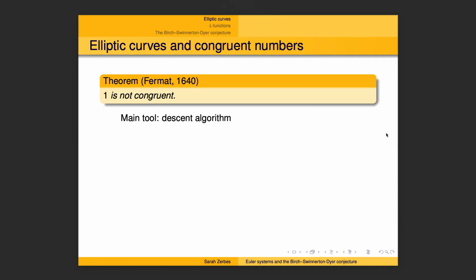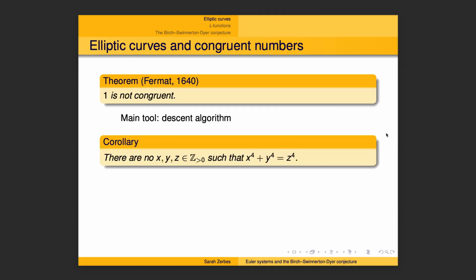Now, amusingly, this result of Fermat is very closely related to Fermat's last theorem when the exponent is equal to 4. Namely, we have the following corollary. There are no positive integers x, y, and z which satisfy Fermat's equation, x to the 4 plus y to the 4 is equal to z to the 4.